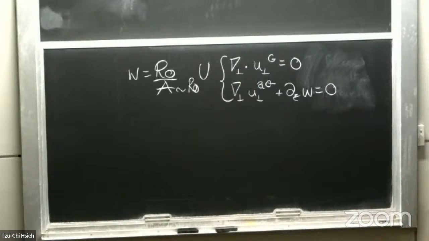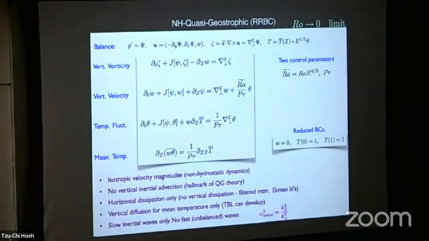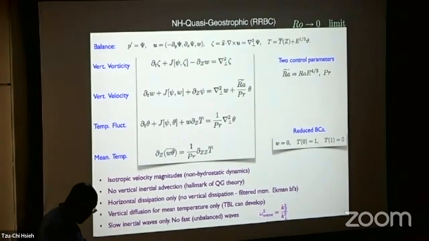Also, because of this columnar anisotropy, we saw that vertical diffusion was subdominant. So primarily in these equations it's horizontal dissipation that acts on the fluid.